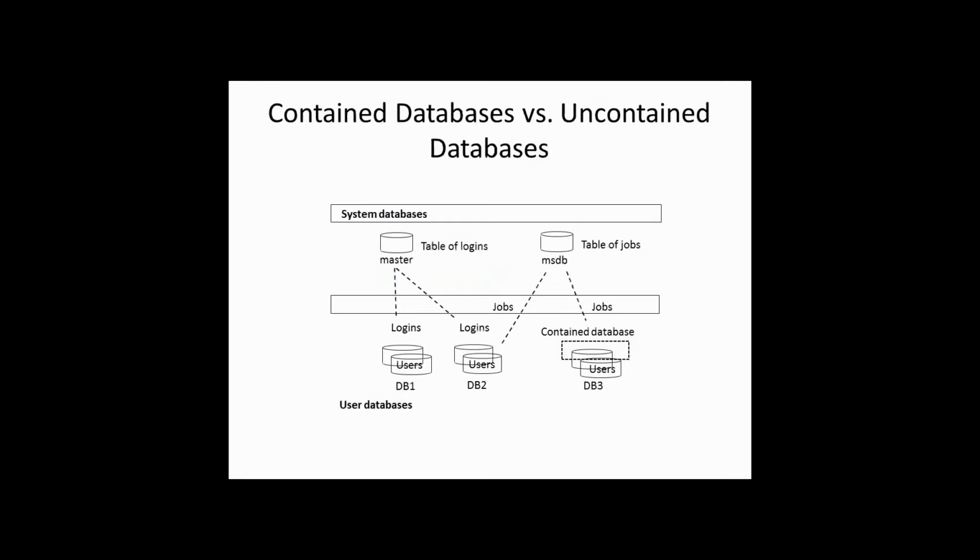Now, if you look at the left-hand side of the picture, we see the normal arrangement. We have a table of logins in the master database, and those logins are mapped to database users in each different database. We also have jobs in MSDB. With a contained database, we completely break the link between the database and the master database.